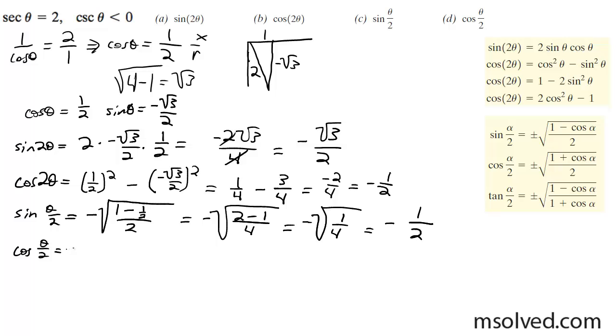So we're going to have plus square root of 1 plus the cosine, which is 1/2, all over 2. We're going to have plus square root of 3 divided by 4, and ultimately it's going to be square root of 3 divided by 2. And that's it. Those are our answers.